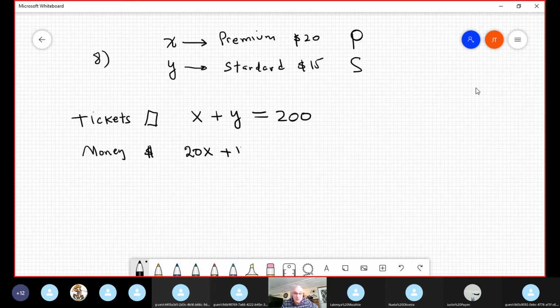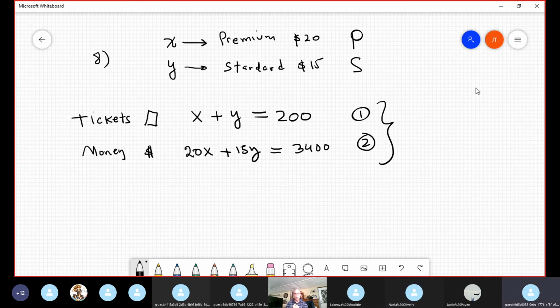Likewise, if you multiply 15 times Y, you get the money collected by the standard tickets. And the problem says that the total money is $3,400. Equation number 1, equation number 2. Do you understand how I set out the equation?